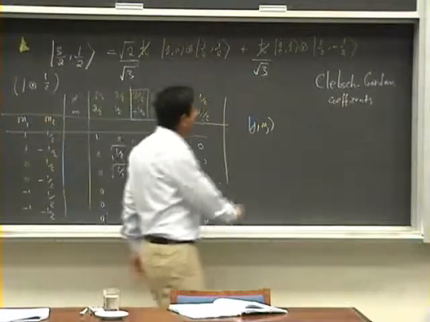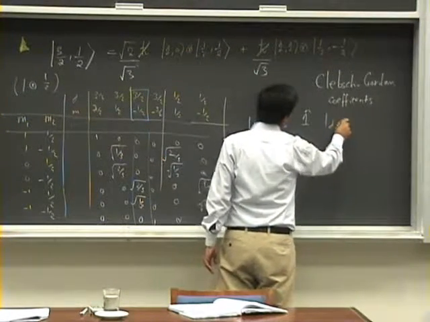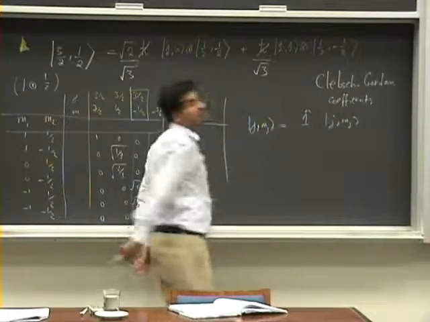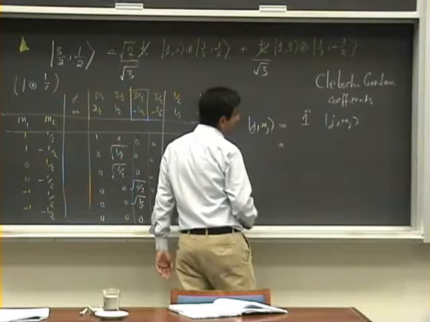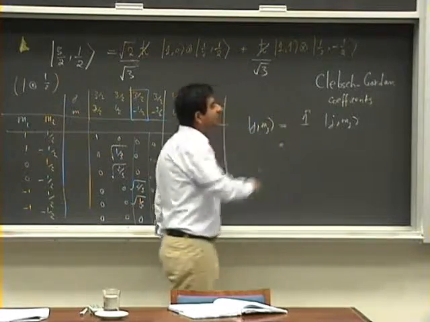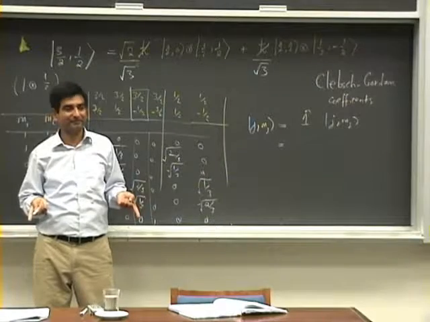I can write this state in the following fashion. J and mJ. There's no harm in doing that with the identity. Now I can expand this identity, since the direct product states also form a basis for the Hilbert space.